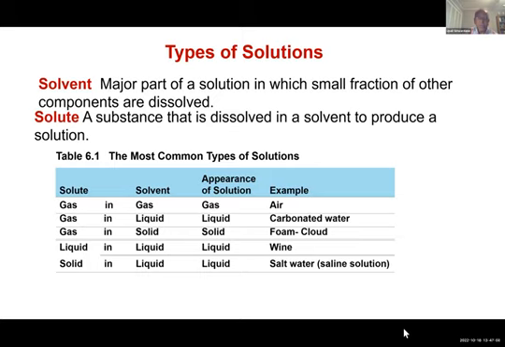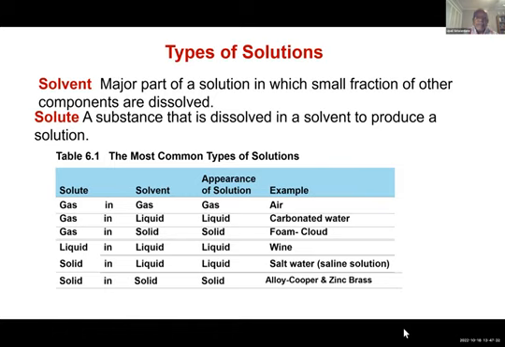The solvent is the water. So this is a common example. Then the last one: solids also can produce homogeneous mixtures. If you look at all these combinations, the form of the solvent, whether it's a gas, liquid or solid, takes up the appearance of the solution.